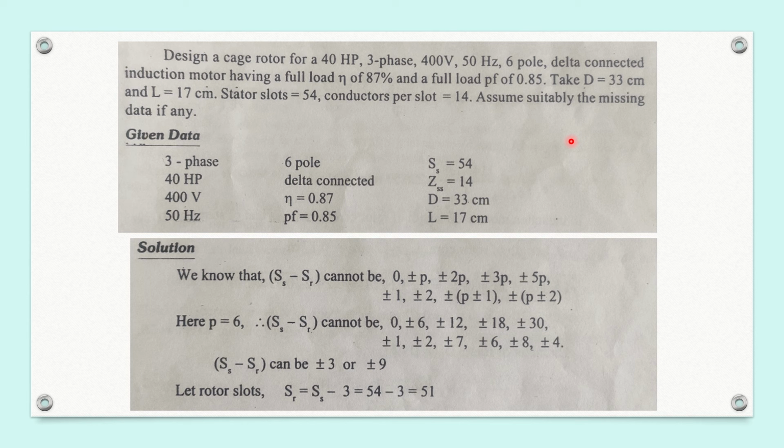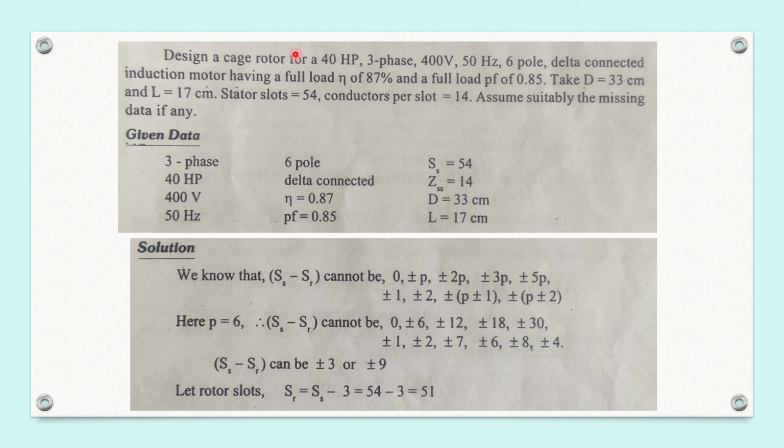Then we have to design the end ring also: the current flowing through the end ring, the area of cross section of the end ring. And we can also calculate the diameter of the rotor as well as its length, the rotor core length. So we will be finding out all these parameters related to this squirrel cage rotor.